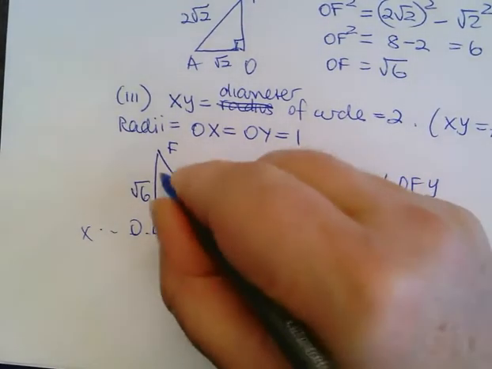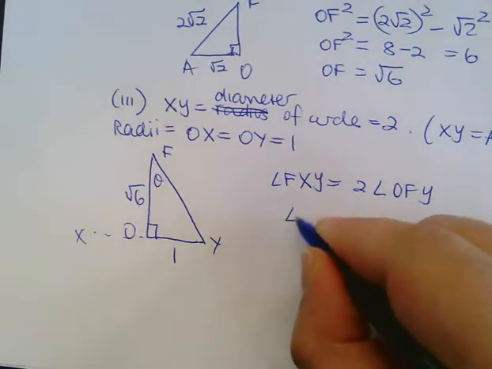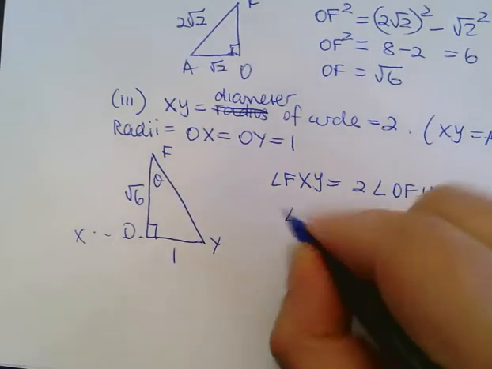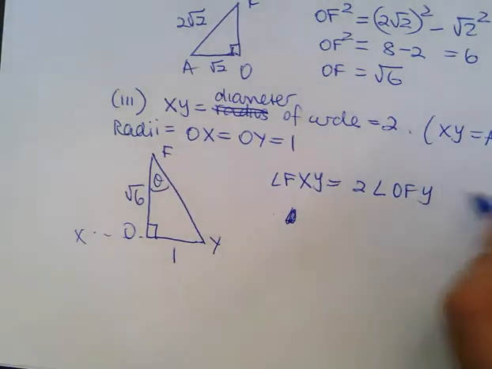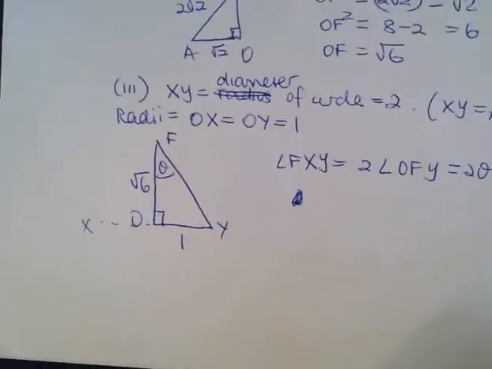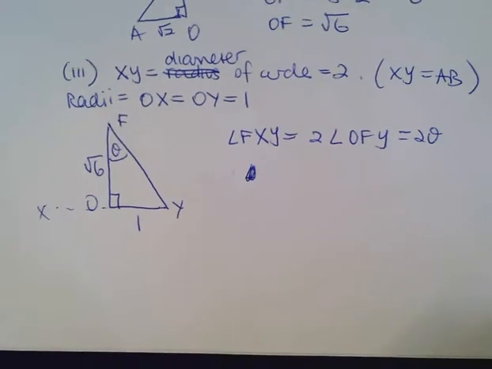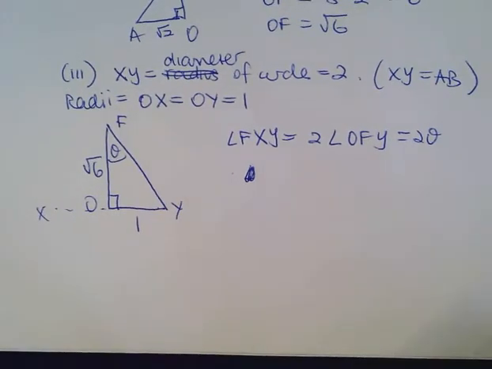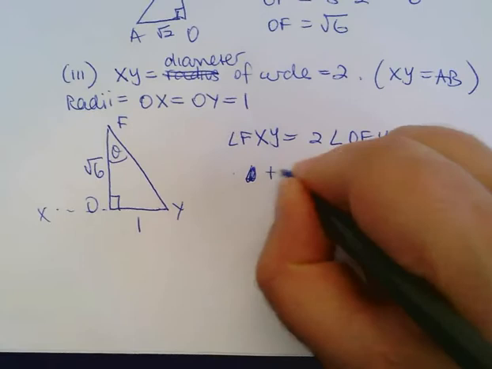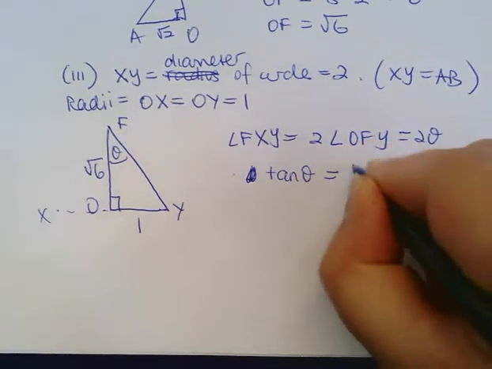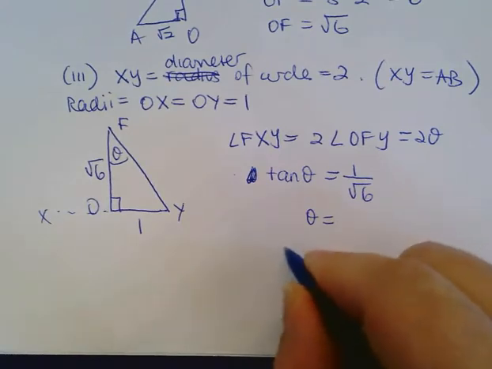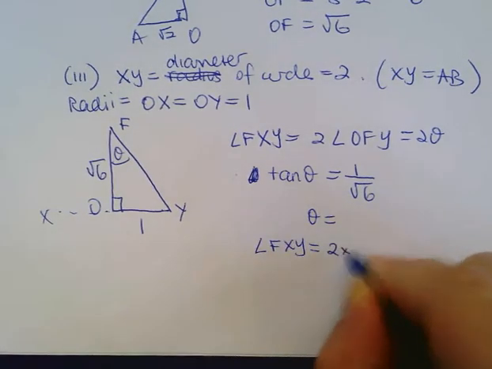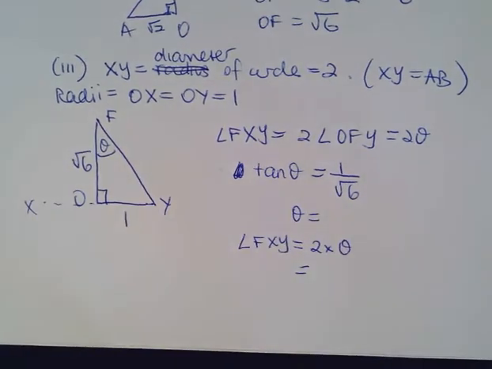So we're going to find angle OFY first. What are we going to use? Sine, cos, or tan? Yes, we're going to do tan. Tan of theta is 1 on root 6. Then angle XFY equals 2 times theta.